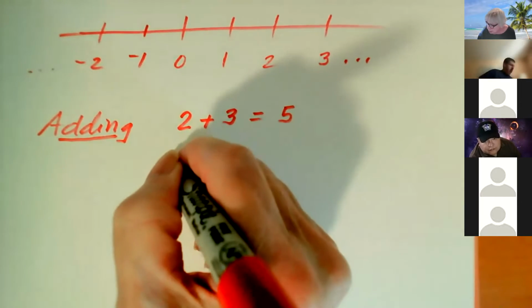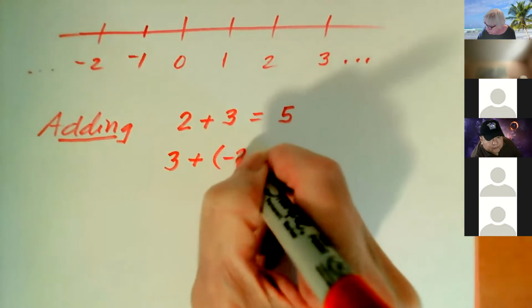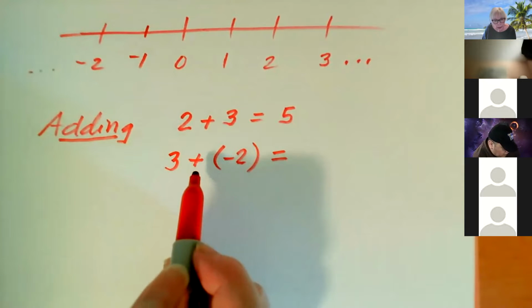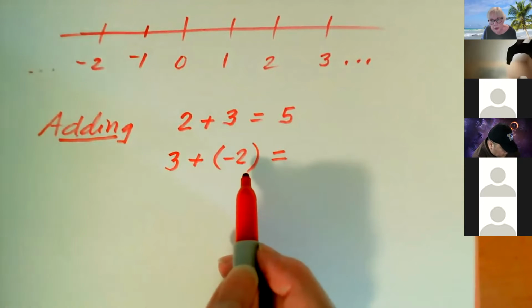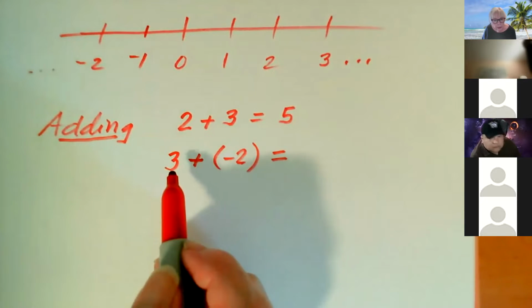But let's say it's clearly addition, but one of the numbers is negative. So how do you think about it? Well, it depends.